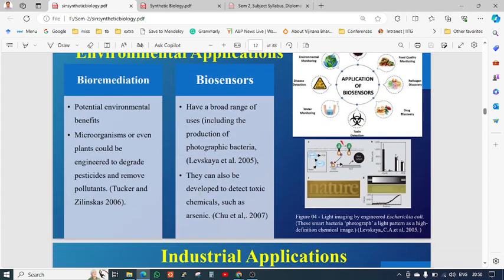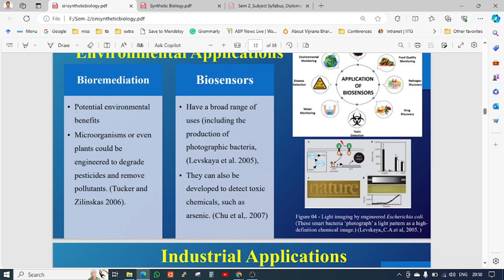Another application is bioremediation and biosensors. Bioremediation is nothing but the utilization of microorganisms that can absorb toxic materials from the soil and reclaim the soil. So toxic pollutants can be taken up or degraded by these microorganisms.